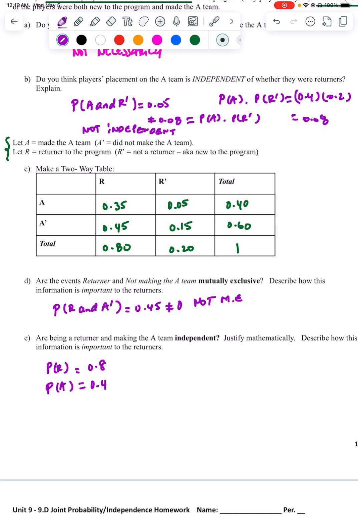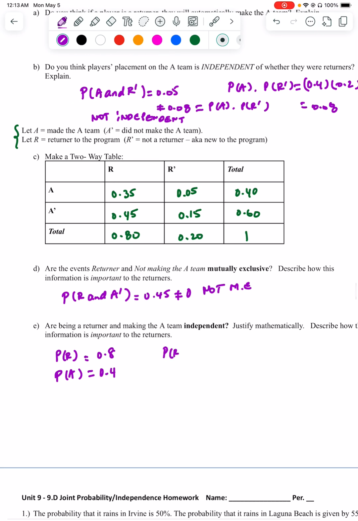And how do I justify? I want to compare the probability of R times the probability of A to the probability of R and A. I know the probability of R and A, that's where R and A meet, and that's this, which is 0.35.